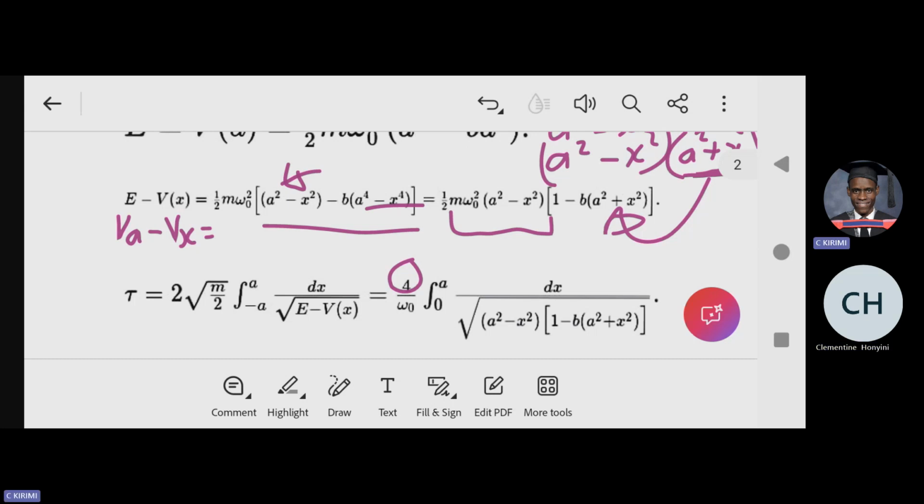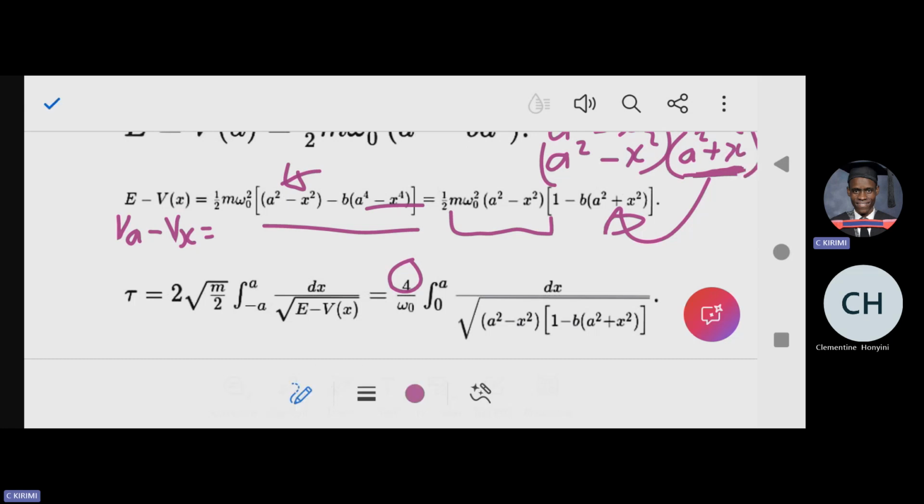So this is my E minus V of X. And remember, this is under the square root sign, which means the square root of this.